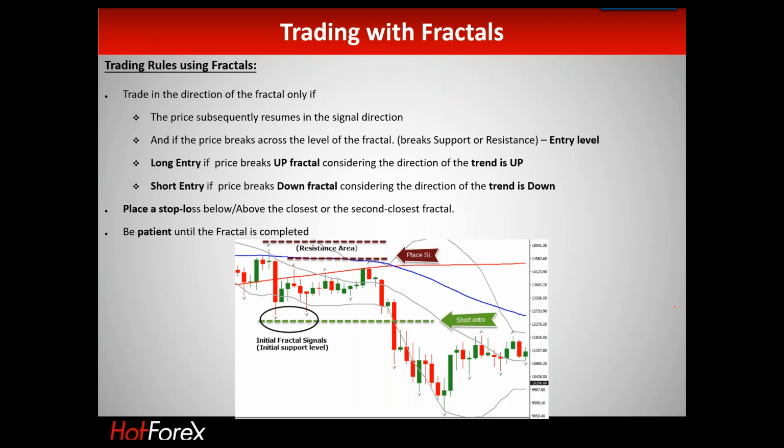So, as I already said, they can be used for determining the market direction, or for identifying the potential market direction. As we already said, they provide immediate support and resistance levels.